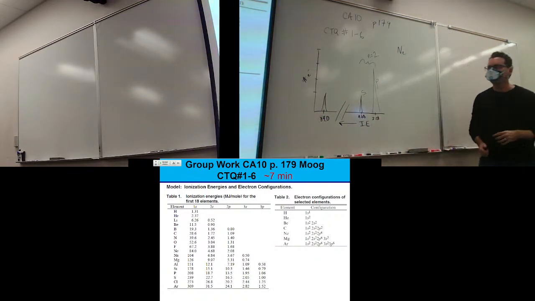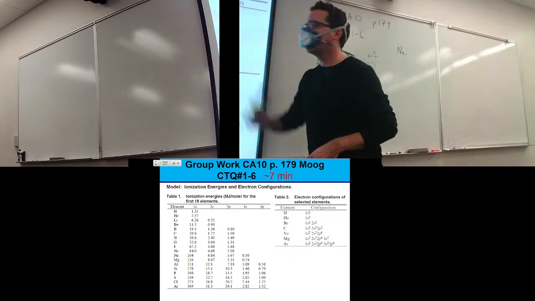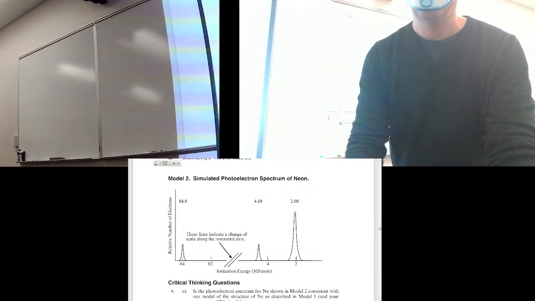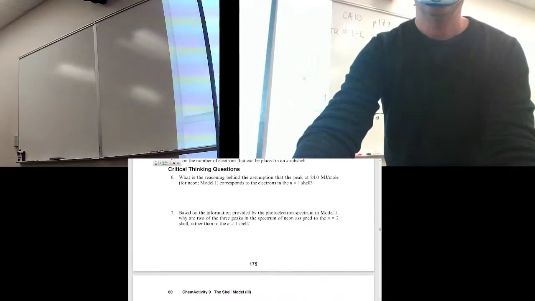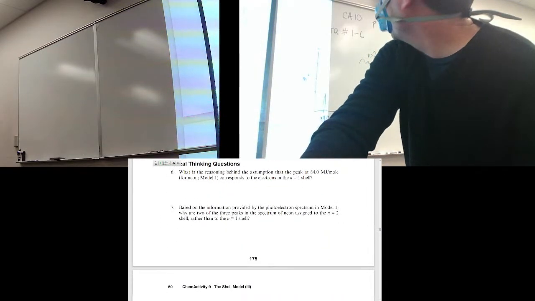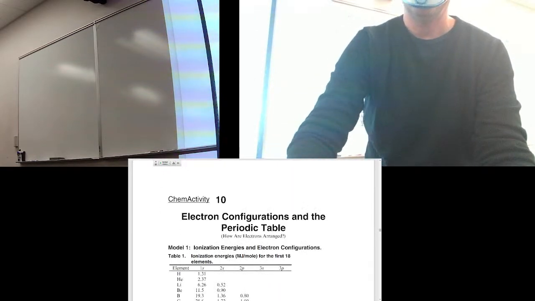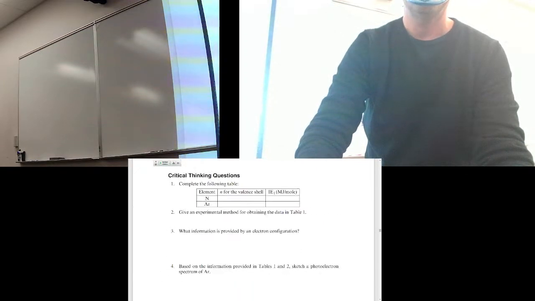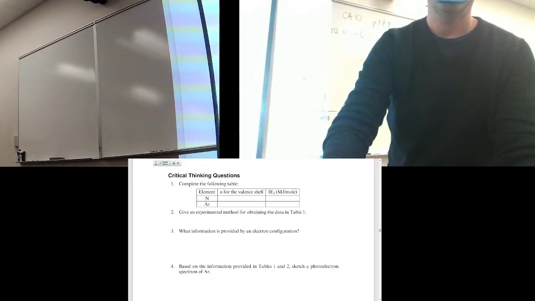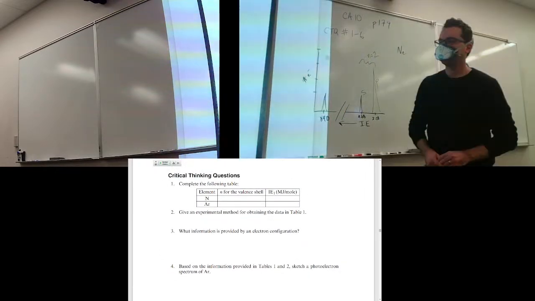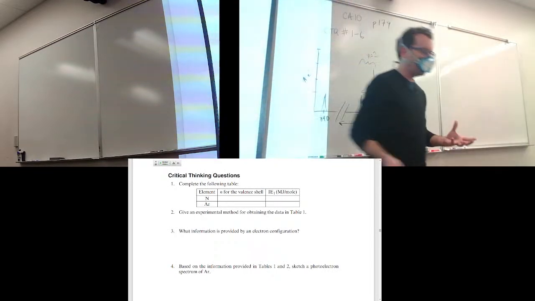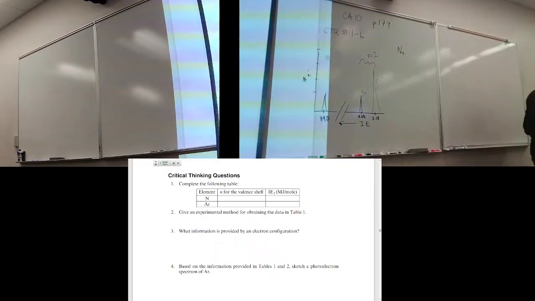If you were attending high school chemistry, they go right into this without explaining where it comes from. Honestly, these questions are just getting comfortable with this data, getting comfortable with looking at configurations like this.